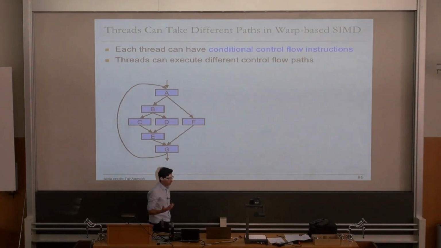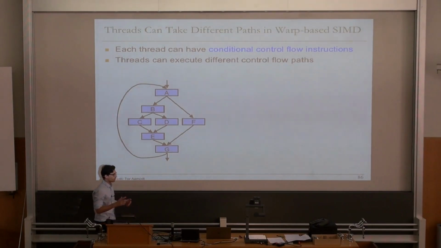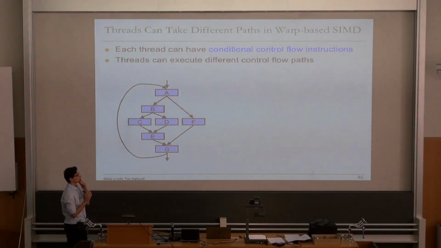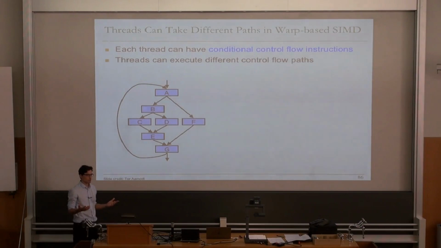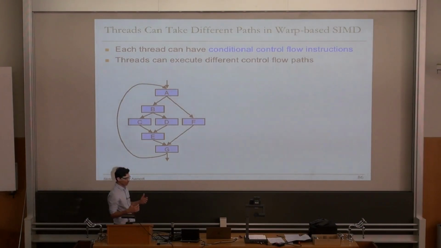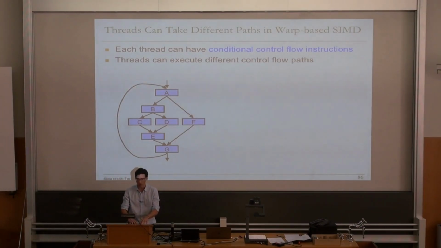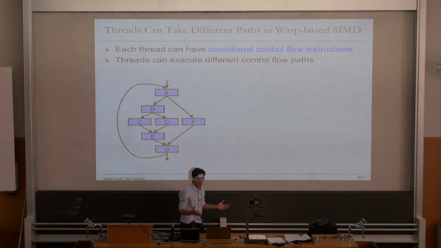And this would be necessary to increase the efficiency of the program execution, because the SPMD programming model allows us as programmers to write the code in the way that we want. We are allowed to write the code as if we were writing the code for a MIMD machine, because we are writing threads, and every thread can be doing a different thing.